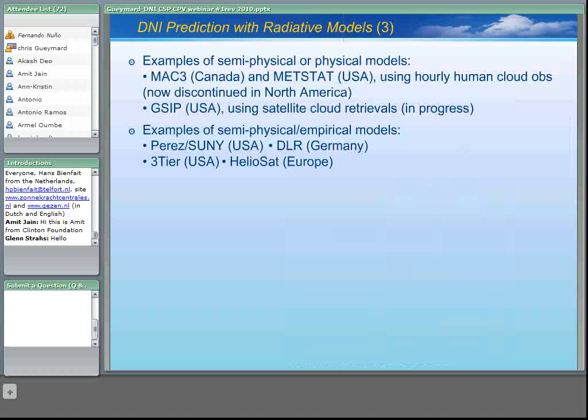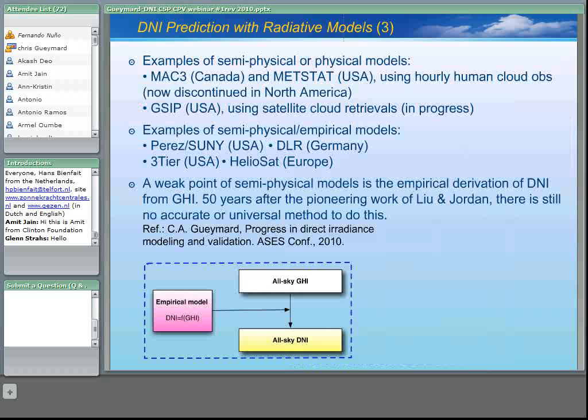Other examples of semi-physical or empirical models: the Perez model from SUNY Albany in the US, DLR in Germany, 3-tier in the US, the Heliosat method from different countries in Europe. So all these actually use this empirical function between DNI and GHI. And that is the weak point of these models.